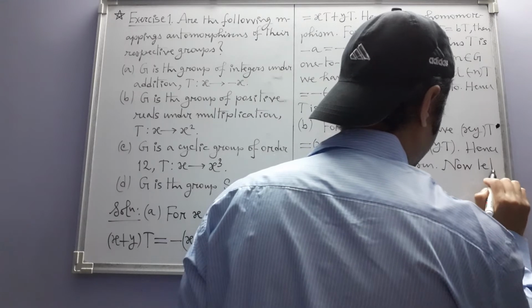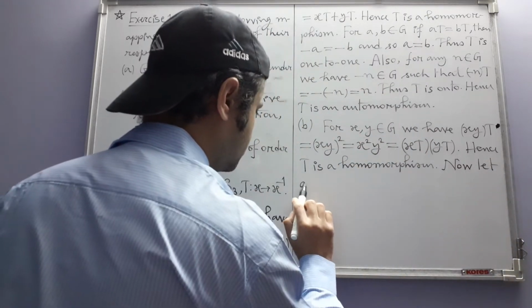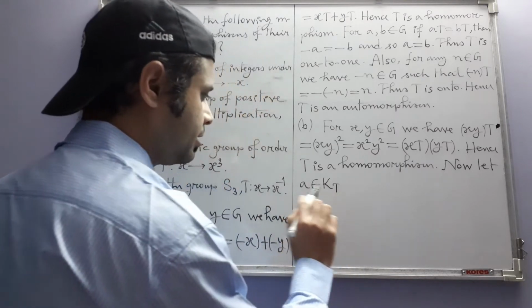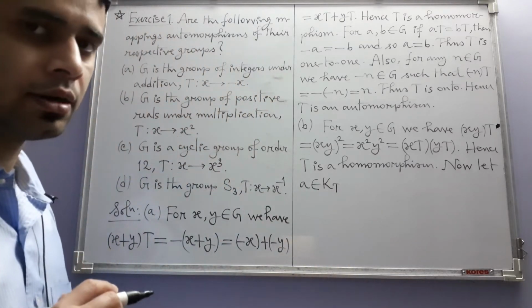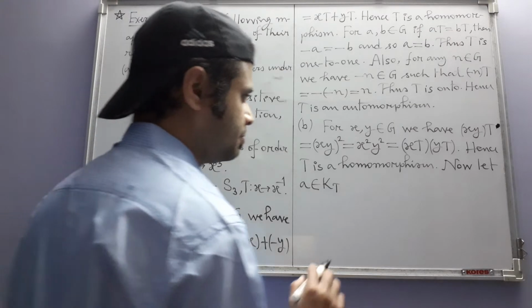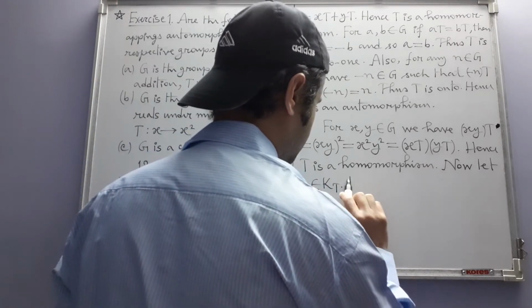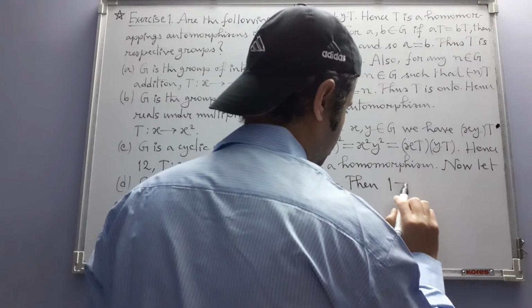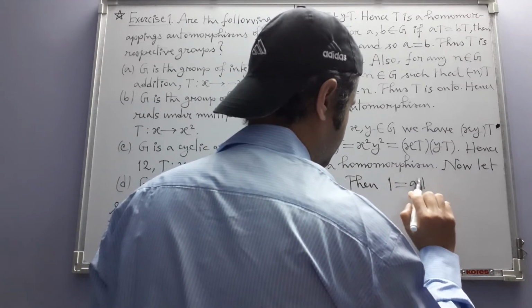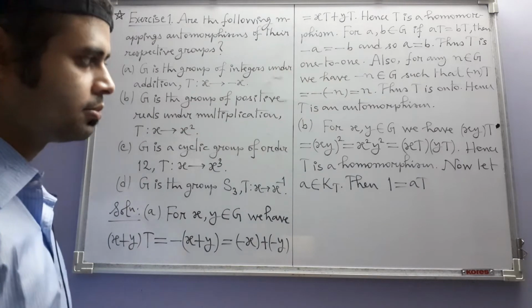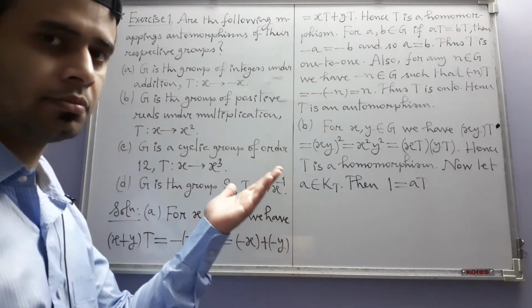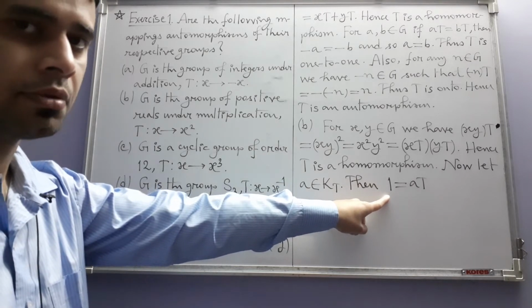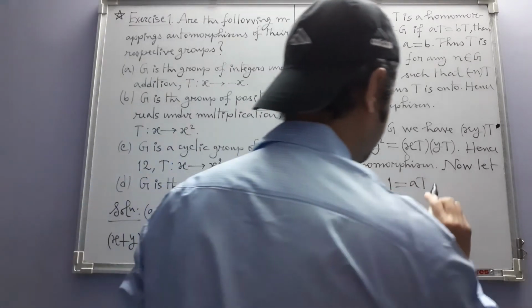Now let a belong to the kernel of t. Recall that Kt denotes the kernel of t. Then the t image of a is the identity element in the group. Since we have the multiplicative group of positive reals, the identity element is the real number 1.